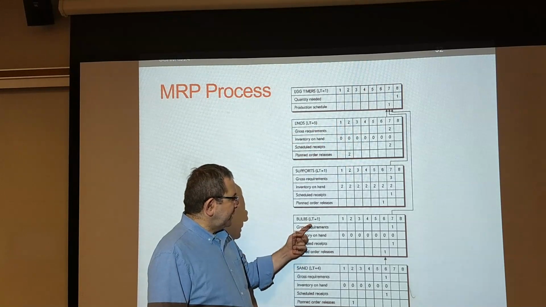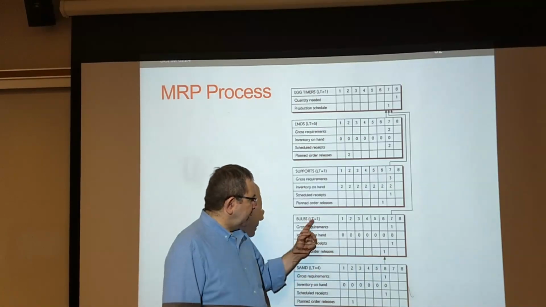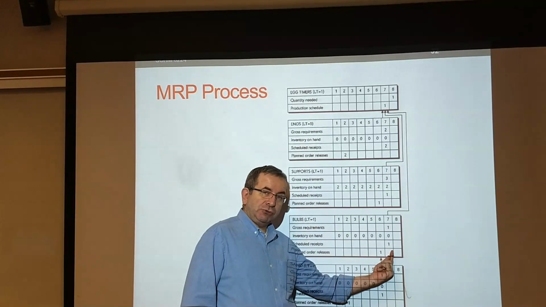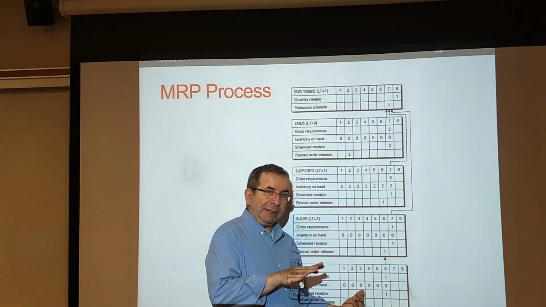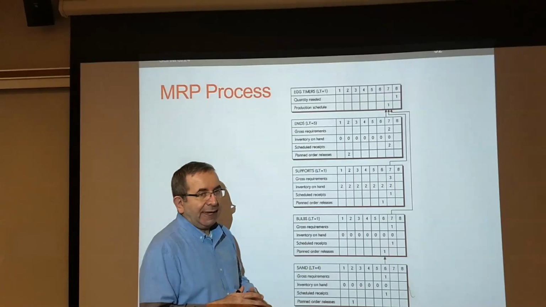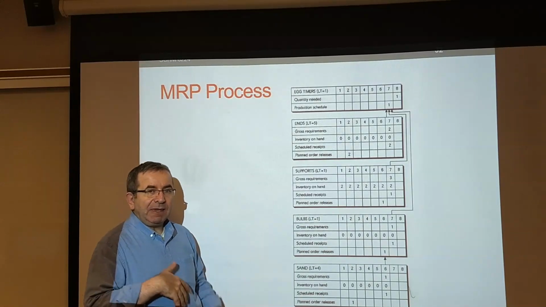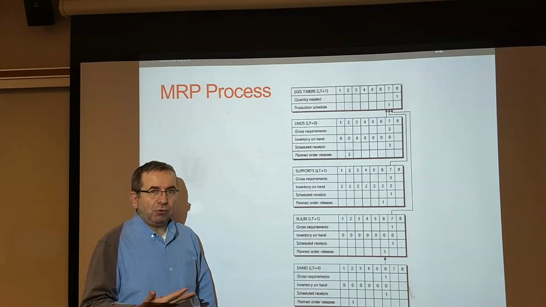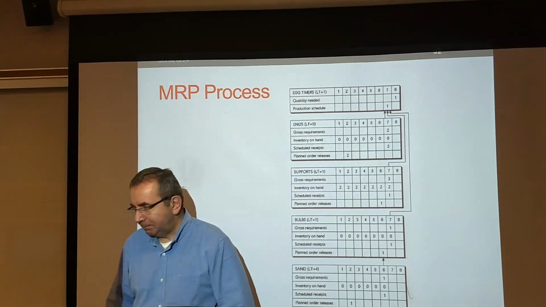So I look at the lead time, it is 1 period. So in order to receive the bulb in period 7, I need to place an order in period 6, and so on and so forth. So this is the general idea behind materials requirement planning. Here, we're looking at days and weeks.